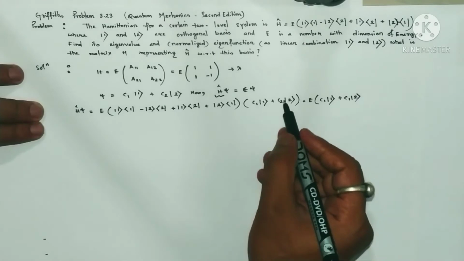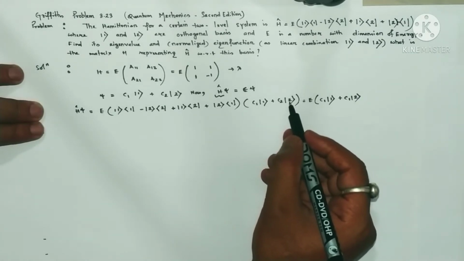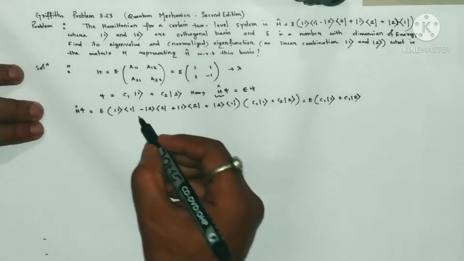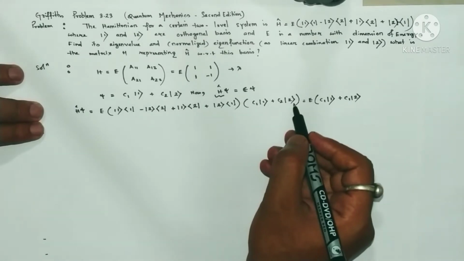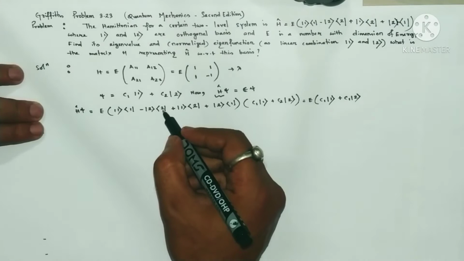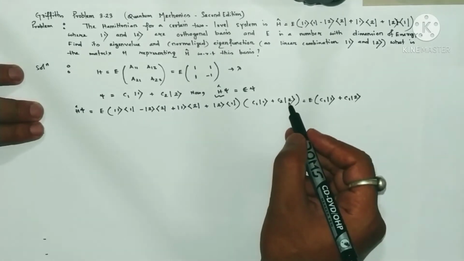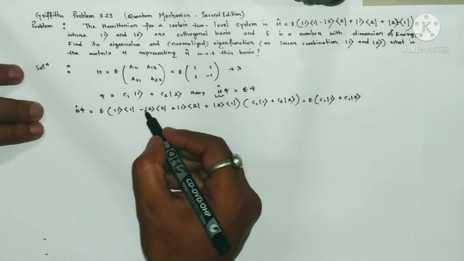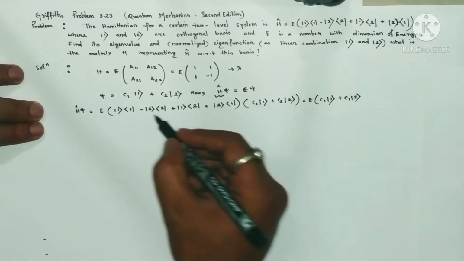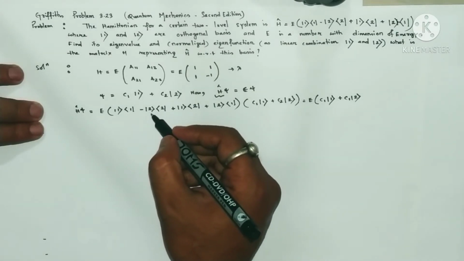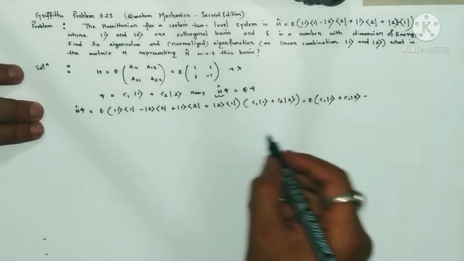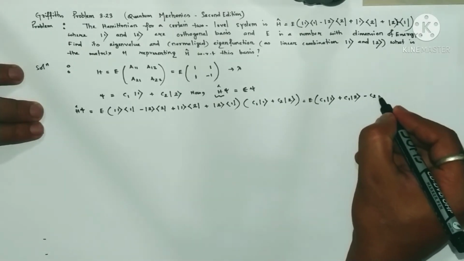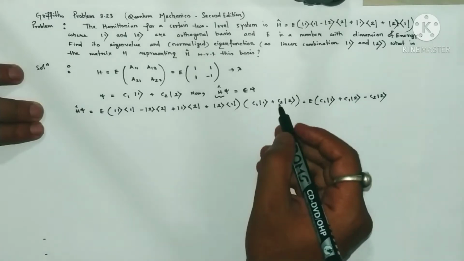Similarly, in the case of ⟨2|, when it has an inner product with |1⟩ it will be 0, but when there is an inner product of 2 and 2, it will give you 1. This contains a minus sign, and the coefficient is C2 with ket 2, so you can write minus C2 ket 2.